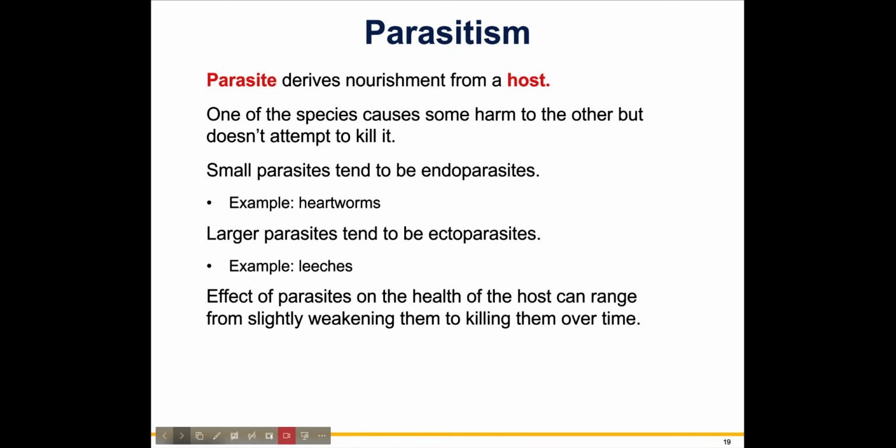An example is like a heartworm in your dogs or cats. And then larger parasites are ectoparasites or are on the outside, like a leech. And again, parasites can impact the host from very slightly weakening them, we don't even notice, all the way to death over time.